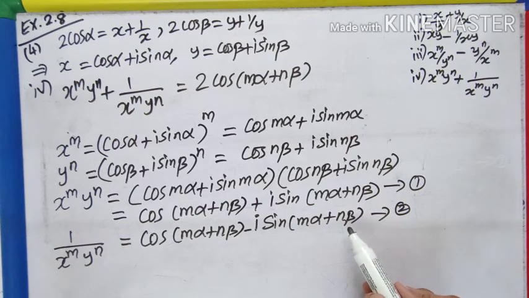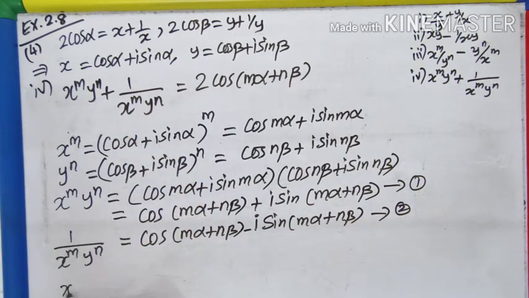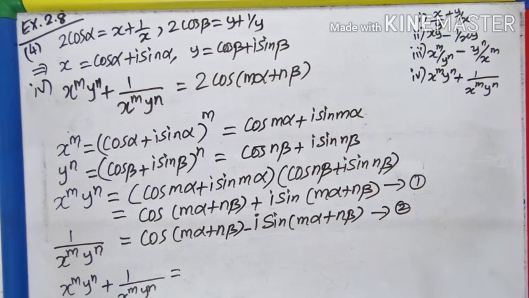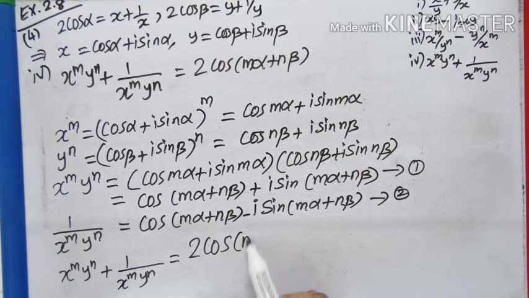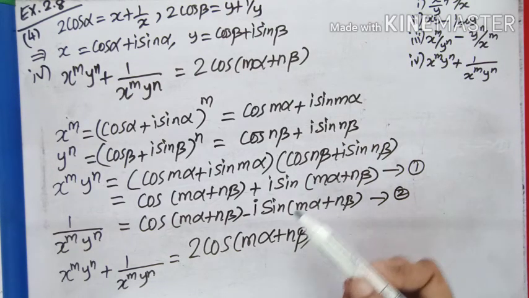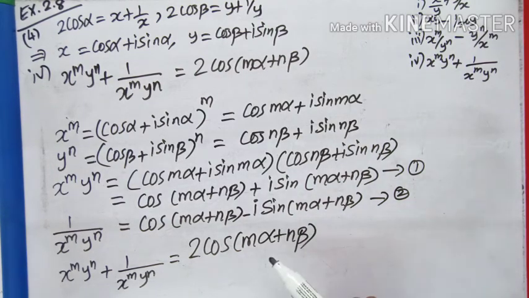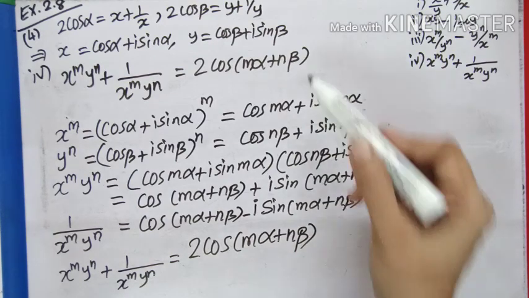The next step, I need to add x power m, y power n plus 1 by x power m, y power n equals to, as I am adding, cos plus cos will become 2 cos m alpha plus n beta. Plus i sine minus i sine will get cancelled. So this is the answer expected.